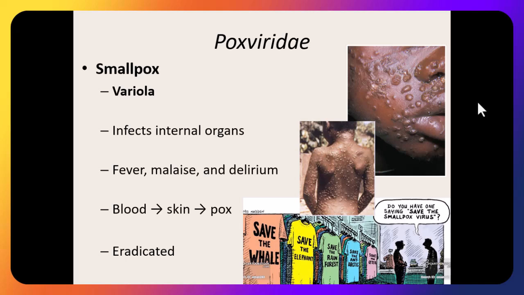This virus does not mutate, like COVID keeps changing. This virus doesn't change. Also, there were no asymptomatic carriers. Like COVID, we had people who are like, I feel fine, and they're spreading viruses everywhere. If you had smallpox, you knew you had smallpox, and people you could isolate. So there were some things going for this particular virus that allowed us to eradicate it.